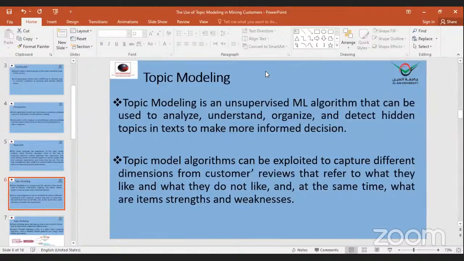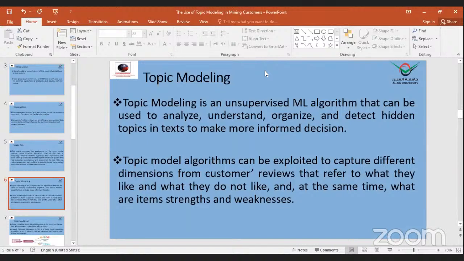Topic modeling is an unsupervised machine learning algorithm that can be used to analyze, understand, organize, and detect hidden topics in texts to make more informed decisions.